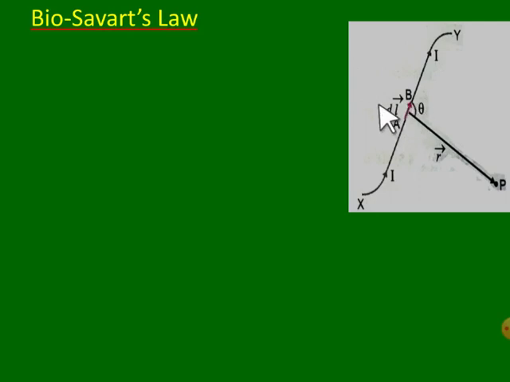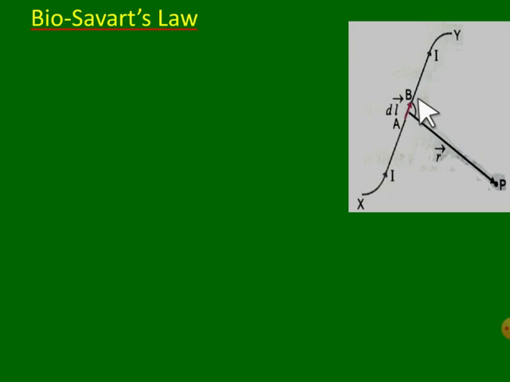If you take it as I dl, it will be a vector quantity, and R is the position vector of the point of observation from that elemental length, and theta is the angle between the position vector of the point of observation and the elemental current.